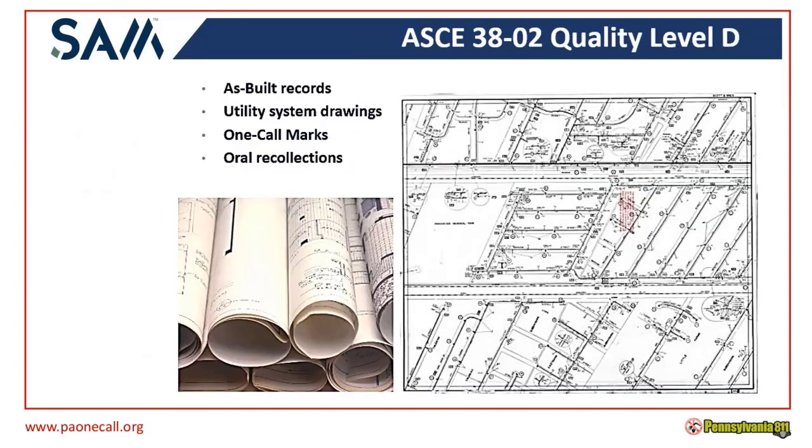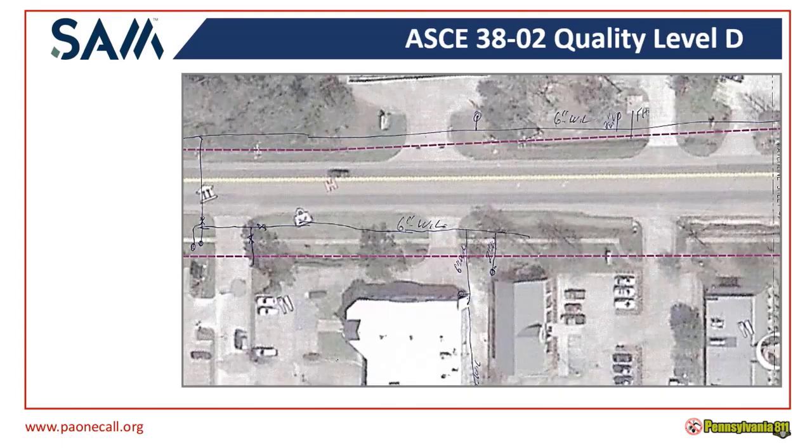So to start with, quality level D. This is more like your as-built records that you're going to obtain from utility owners, any boroughs, anything like that. These records could be very accurate, as you can see on this slide right here, where they give hand pull ties, size, material type, or they could actually be records that aren't the best. Believe it or not, this record is actually something that we received from someone before.